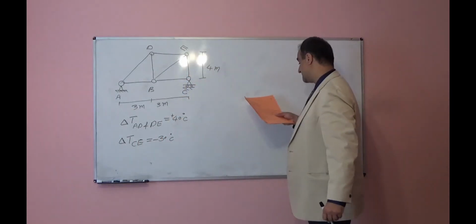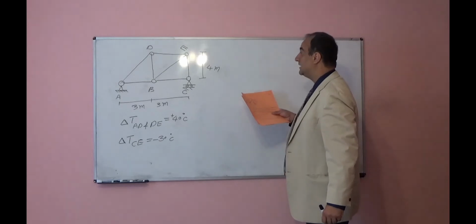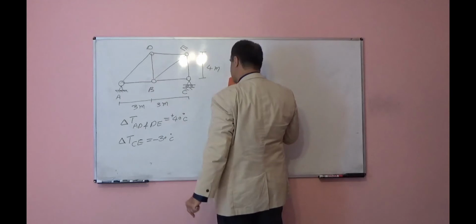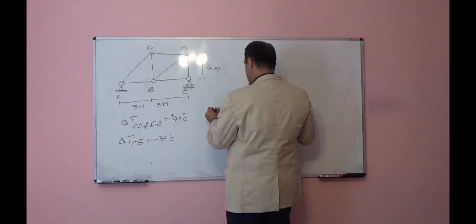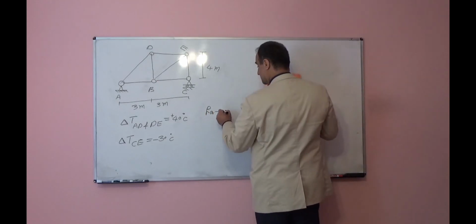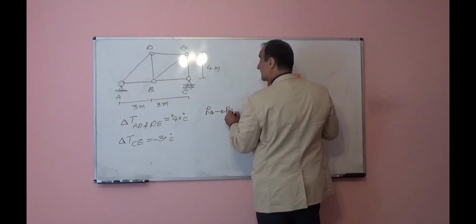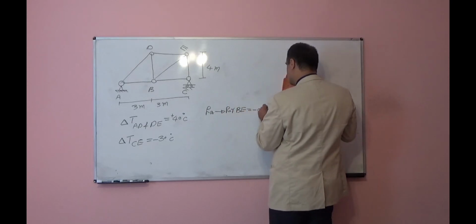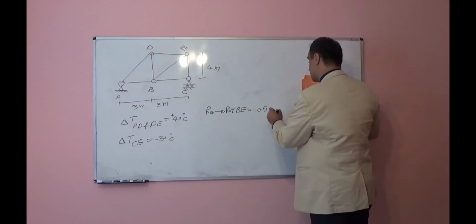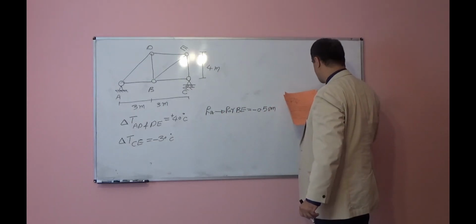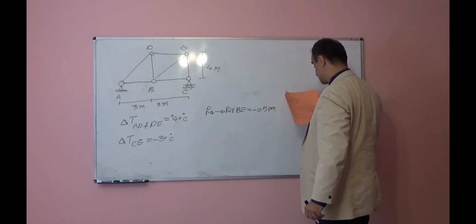In addition, member BE, this member, is fabricated with a fabrication error for BE of negative 0.5 centimeter. So BE is fabricated 0.5 centimeter shorter.